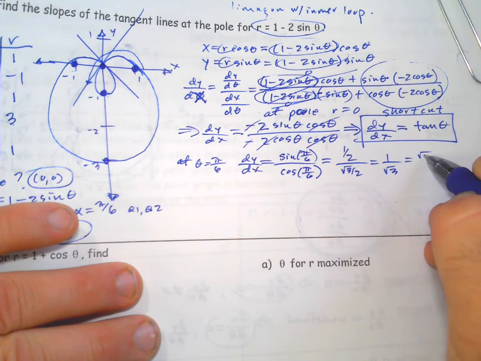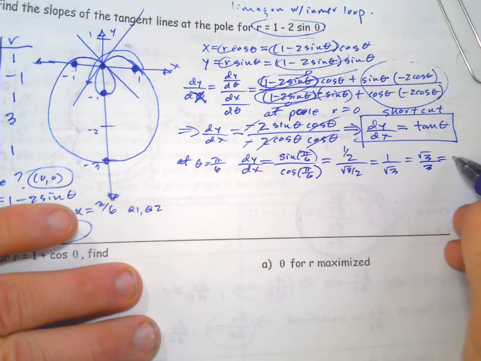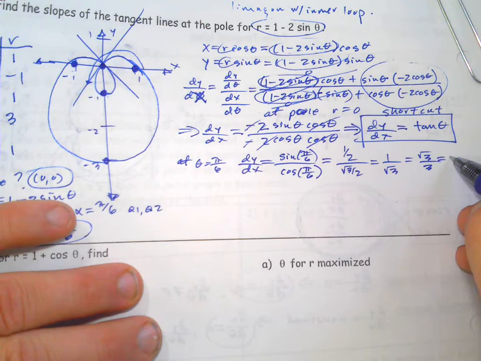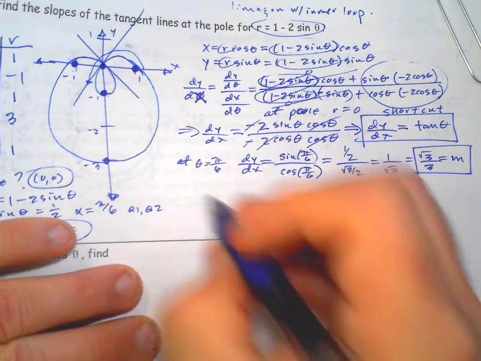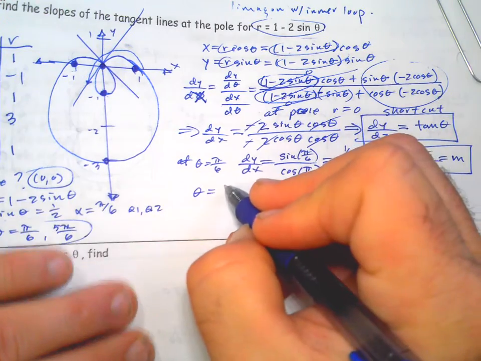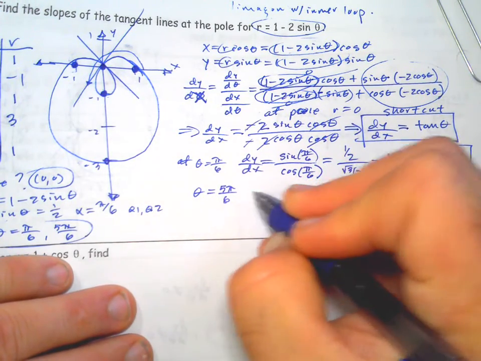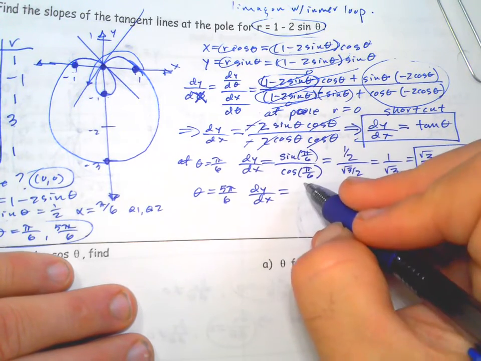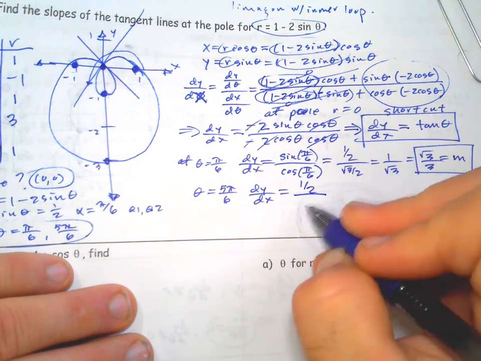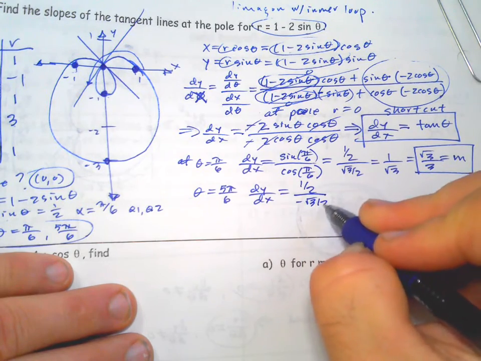That's going to be root 3 over 3. That's the slope. And we're just trying to find the slopes of the tangent lines, not the equations. And so then at theta equals 5 pi over 6, dy dx is going to equal sine of 5 pi over 6, which is going to be 1/2. Cosine is going to be negative root 3 over 2. Same reference angles, quadrant 2 though.